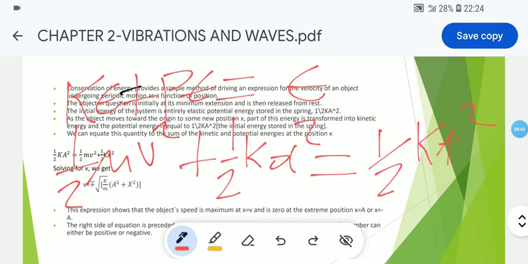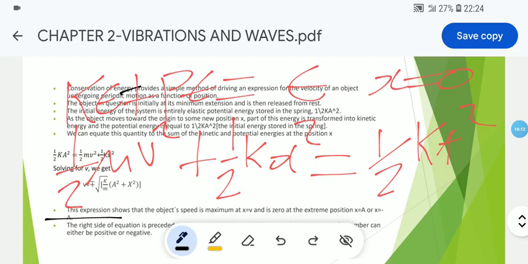This a is giving us the total mechanical energy, because you have the maximum displacement. Then if you have x equal to 0, the only energy that you are going to have here is the kinetic energy, which is giving us the total mechanical energy.